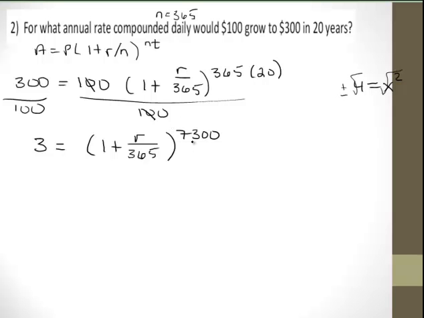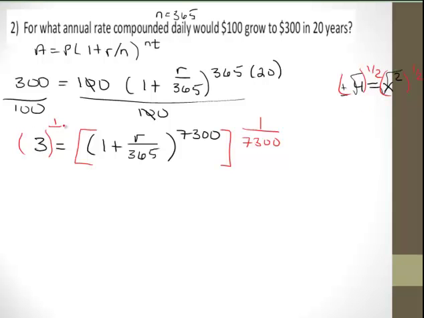So if we want to get rid of this power, we could take the 7,300th root. Isn't that the same thing as raising it to the power of 1 over 7,300? Just like this would be raising it to the power of 1/2.